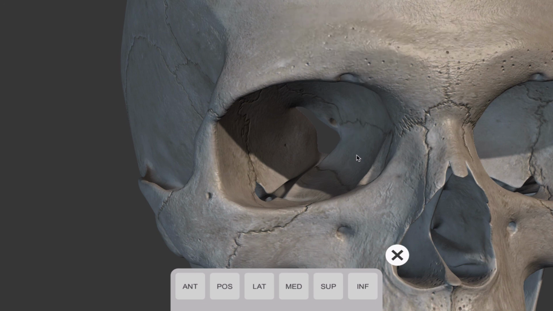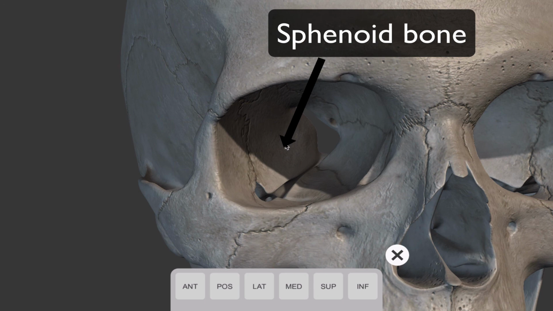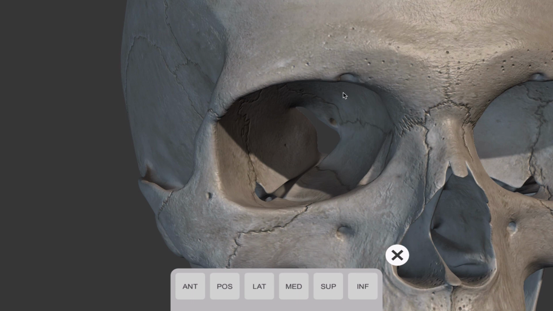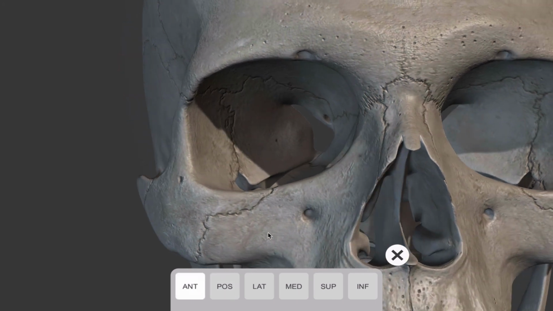And then this bone right here is the sphenoid bone. Okay, so frontal, zygomatic, maxilla, lacrimal, ethmoid, sphenoid. And there you go, that's the bones of the eye socket.